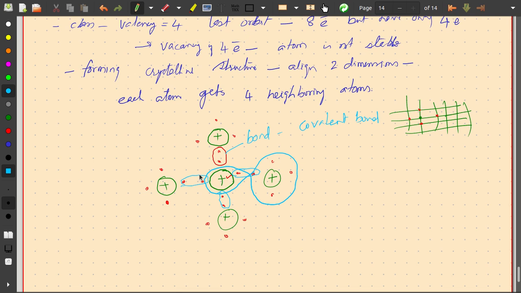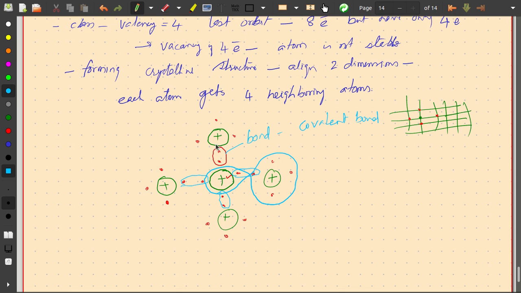So in this crystalline way, when the atoms get aligned, each atom gets four neighbors, and each neighbor will contribute or share one electron.